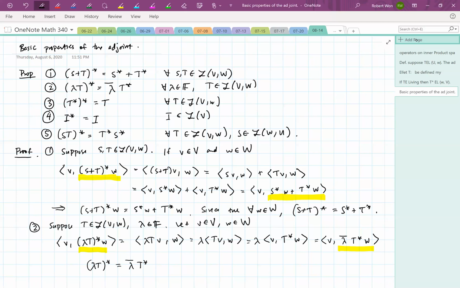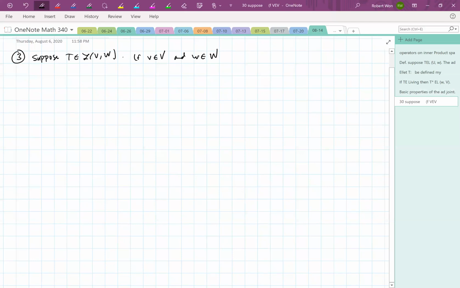Okay, now part 3, I need to show that taking the adjoint twice returns the original function. So suppose that T is a function from V to W. As always, if v is in V and w is in W, I want to understand the adjoint of the adjoint. So I want to use this adjoint property applied to the map T star.